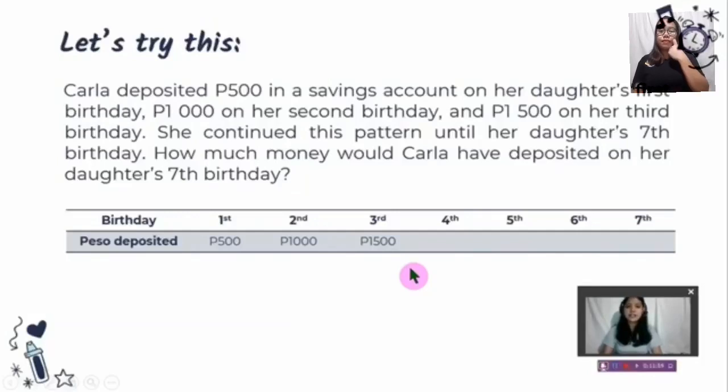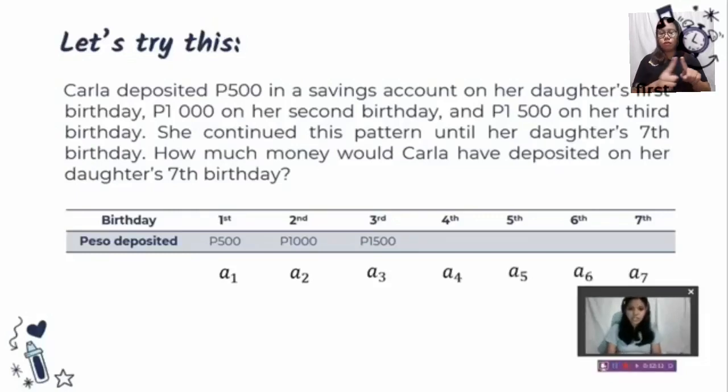So based on the concept of arithmetic sequence, we have our a sub 1 is 500, our a sub 2 is 1,000, our a sub 3 is 1,500, and we need to find a sub 4 until a sub 7. Now let us observe the first three terms of the sequence, 500, 1,000, and 1,500.